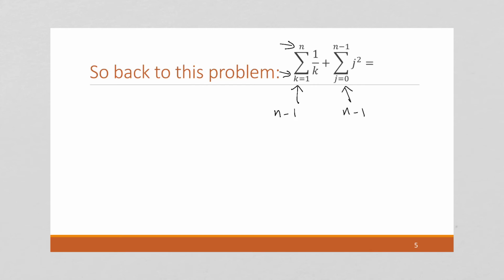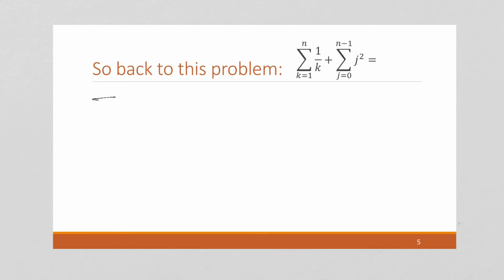So both of these sums have the same number of elements. We just need to do a change of variable to demonstrate that. So what I'm going to do is keep my bounds in terms of k from 1 to n, which means I need to do a change of variable on the second sum.